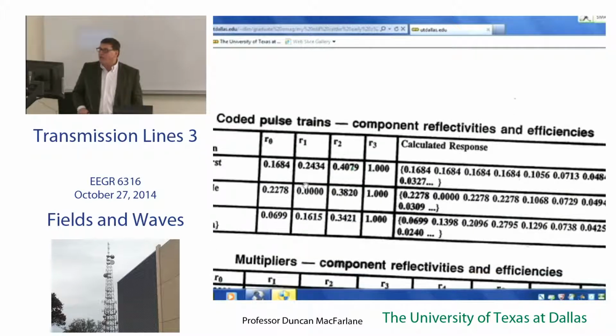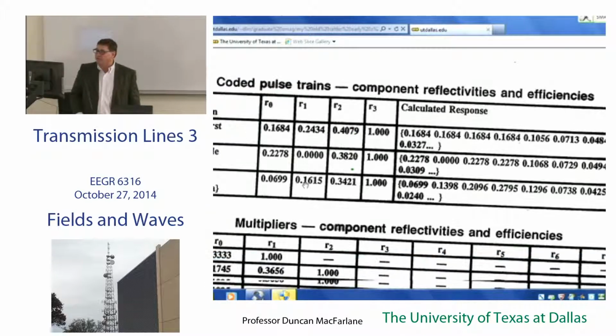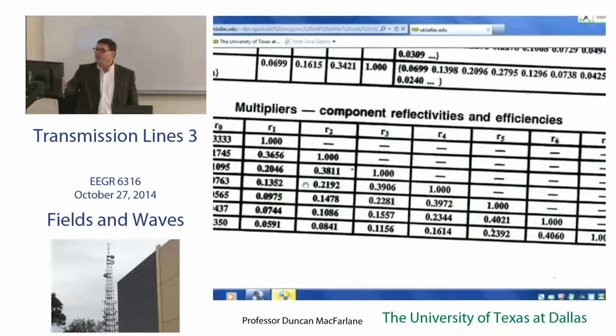So we also had some fun. This is for all pulses the same amplitude. Here's a 1011, which is a Barker code, and here's a 1, 2, 3, 4, so a sawtooth waveform. And you can go through and continue to calculate mirror reflectivities for that. And then you can also do multipliers.